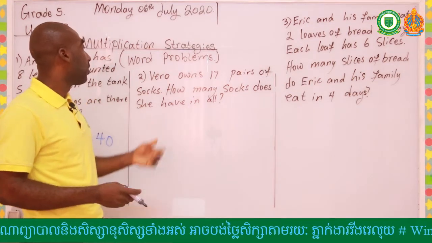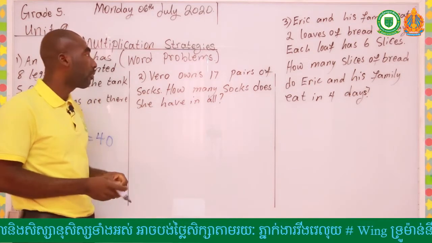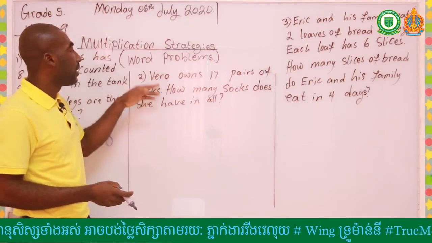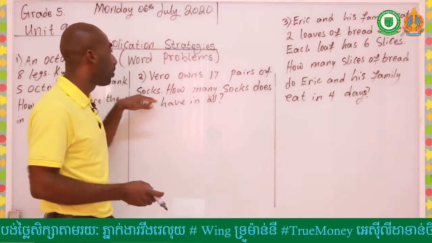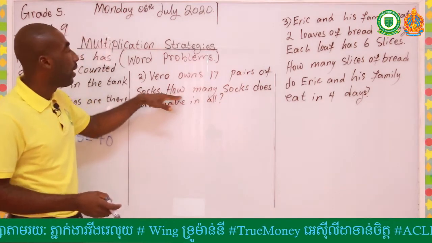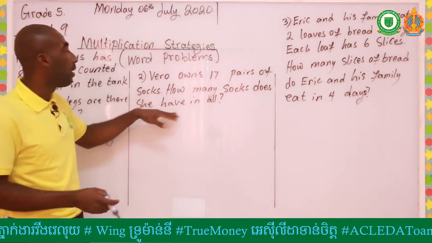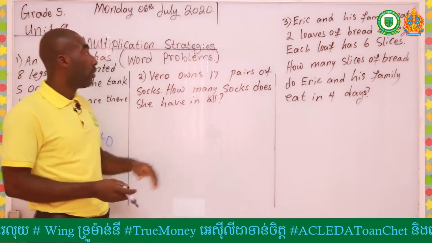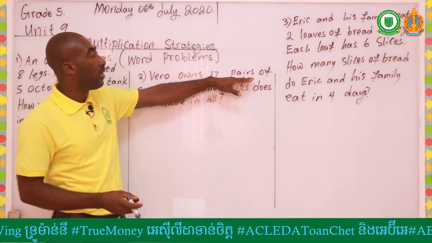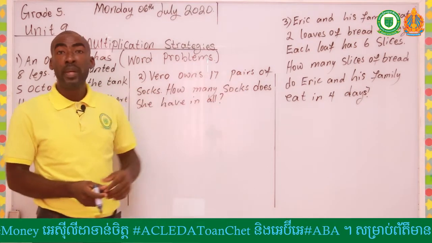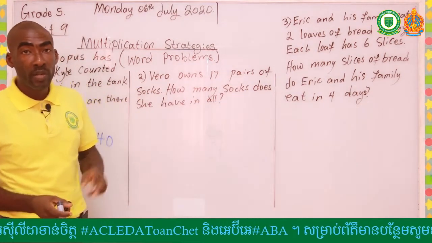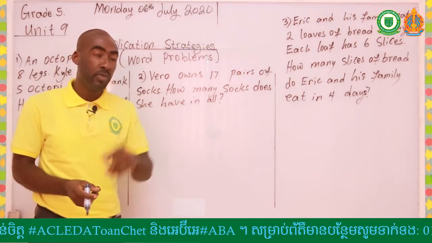Okay, very good. So let's see our second example. The second example says that Vero owns 17 pairs of socks, okay? How many socks does she have in all? So the confusing word that most students might find difficult to understand will be the pair. So what is a pair? So when we say a pair, it means 2.